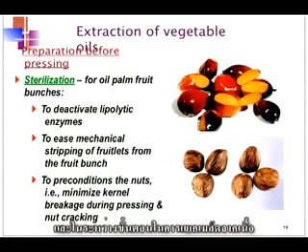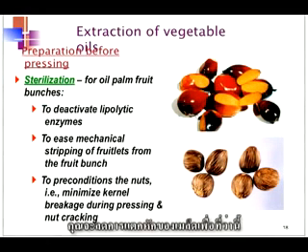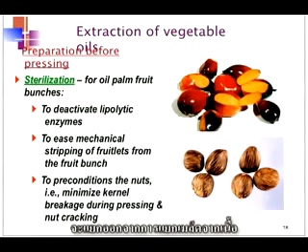And during the process to separate the kernel from the flesh, it will reduce the breakage of the kernel, which facilitates the separation of the kernel from the flesh in the processing of palm kernel oil.